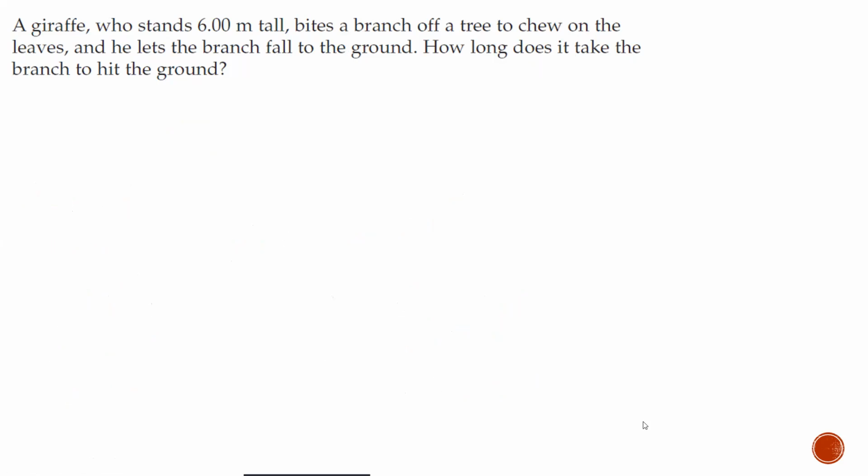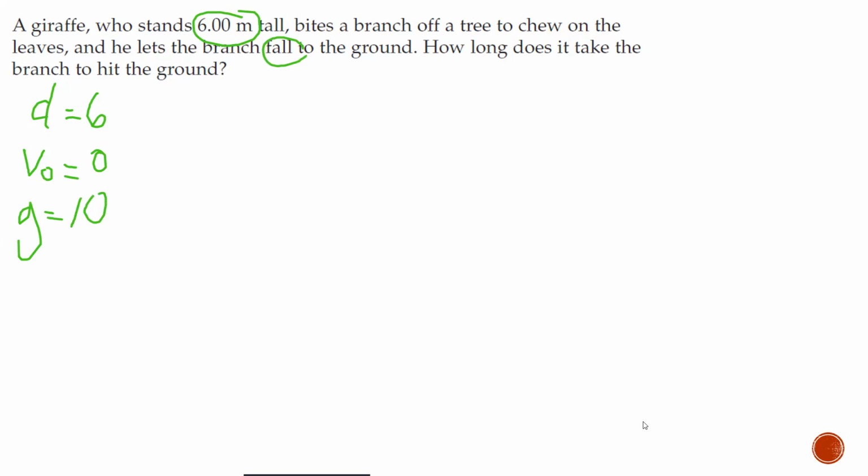Before I continue now, what's the given information I have here? Distance. We have D, just the 6. The distance is 6. Then he lets the branch fall to the ground. So I'm talking about a falling object, so G equals 10.